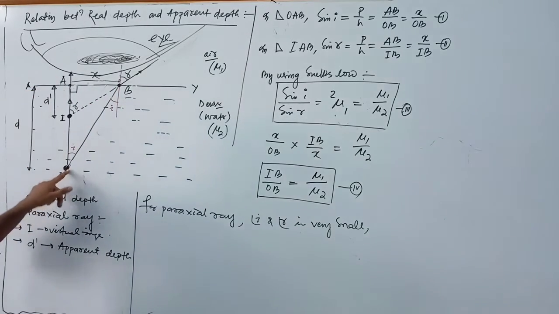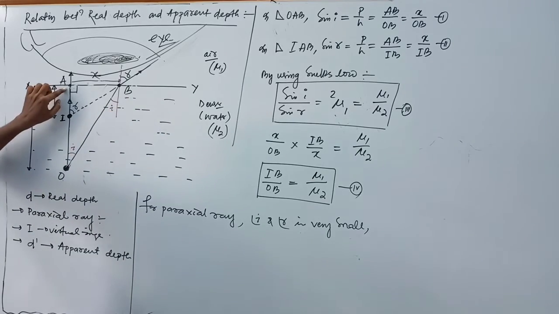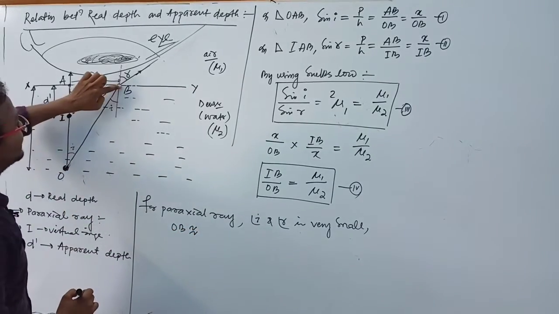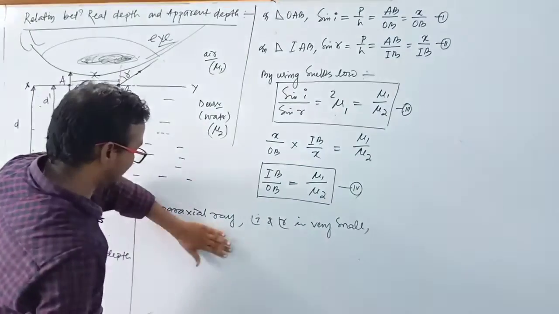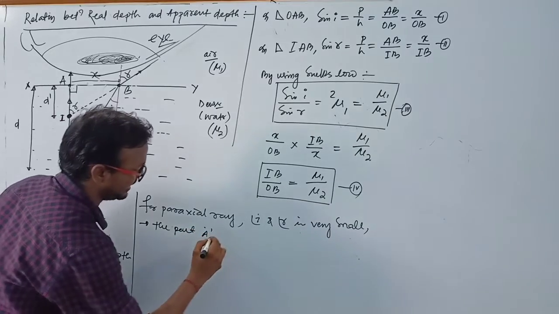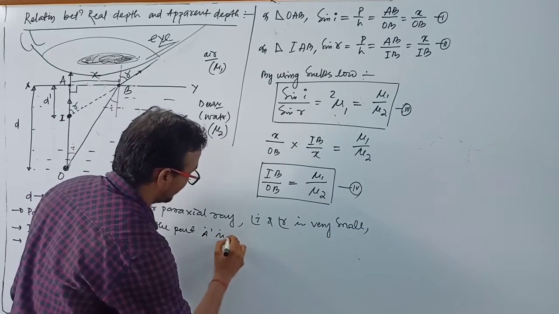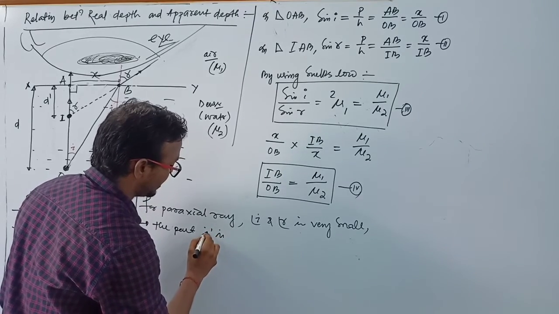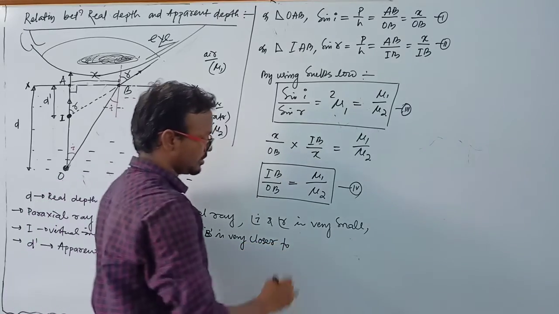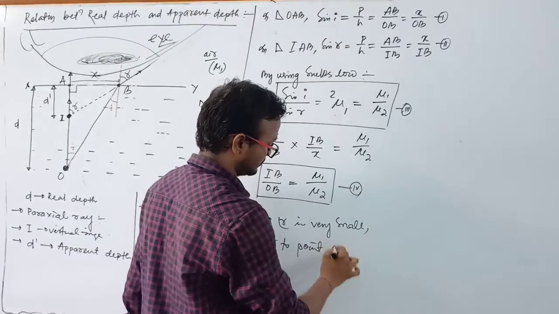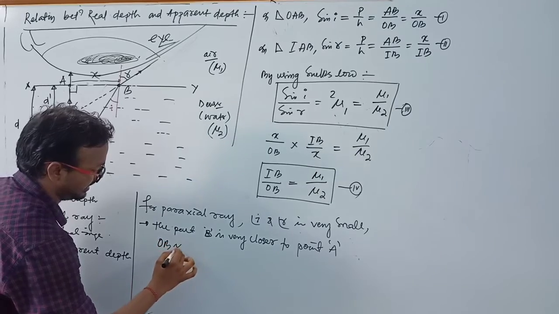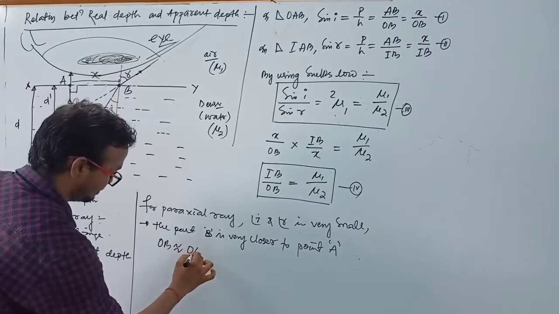So we can write OB nearly equal to OA. Clear?